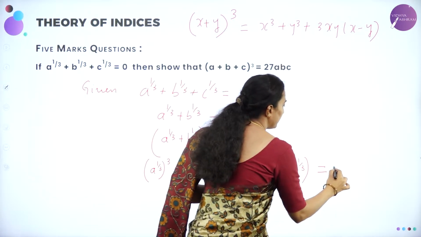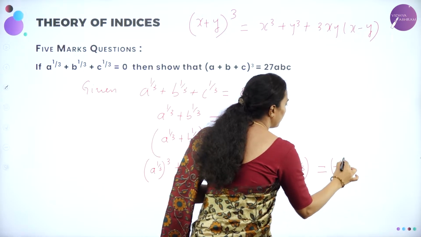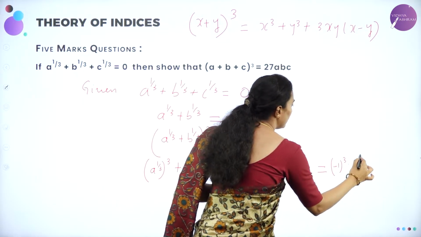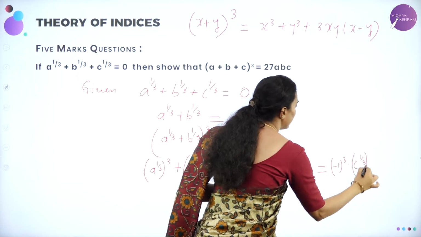I am going to split this minus 1 whole cube into C power 1 by 3 whole power 3.